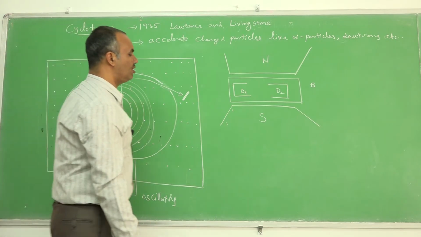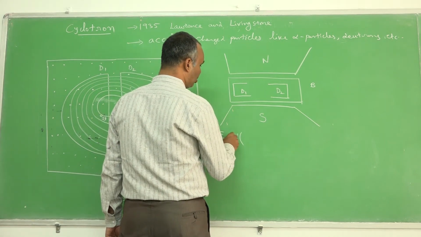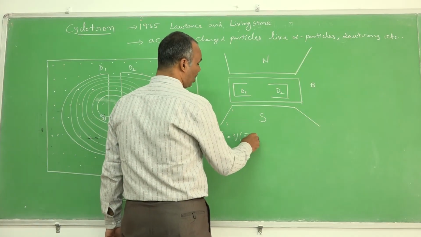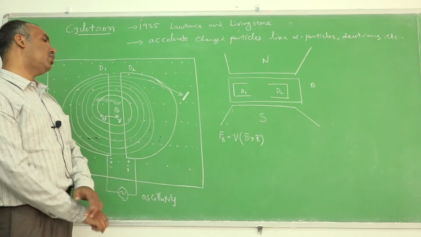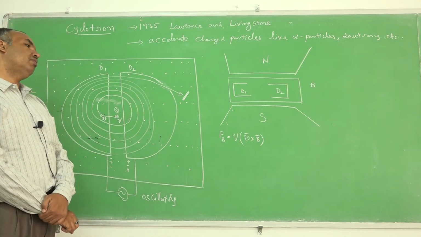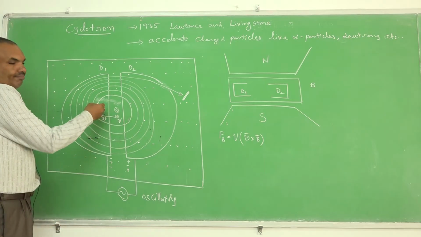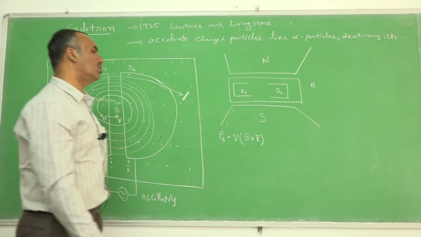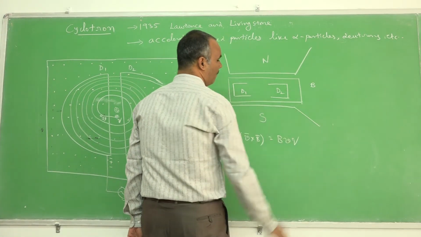The force experienced by the charged particle because of the magnetic field is given by q into v bar cross b bar. But v bar and b bar are perpendicular to each other. B bar is out of the paper, v bar is on the paper. So it is nothing but BVQ.